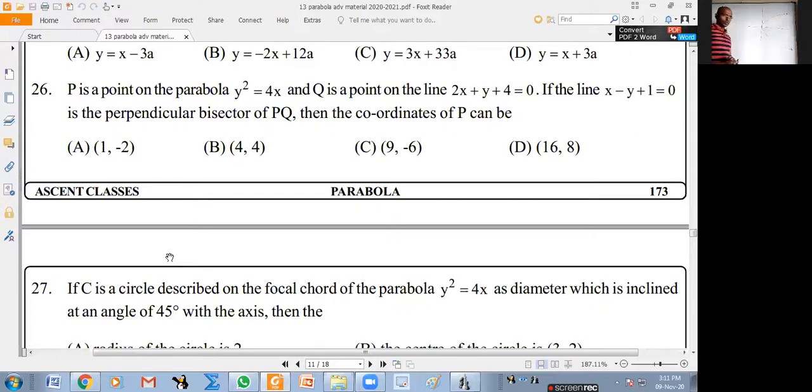Okay, y square equal to 4x is a parabola and 2x plus y plus 4 equals 0 is a line. X intercept is minus 2 and y intercept is minus 4. There is also a line with x intercept minus 1 and y intercept plus 1.